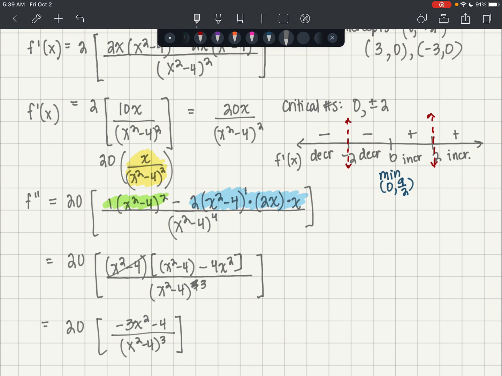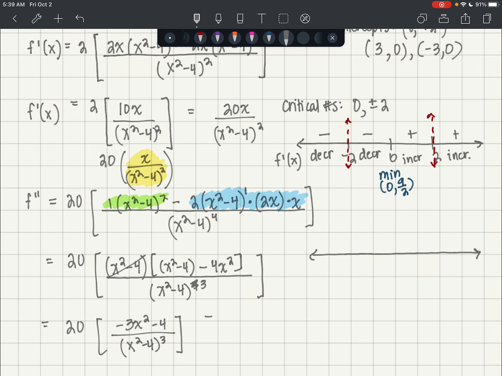So now we look for our values that could be potential points of inflection. So we've got our values of, what do we have here? We've got our second derivative.